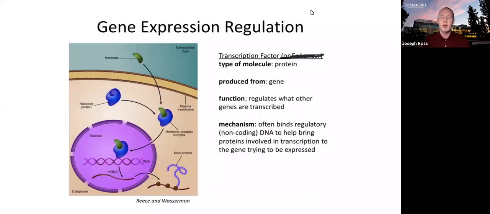So the set of transcription factors that are present in each cell will differ, and that's what causes cellular differentiation. And the way that transcription factors work is they tend to bind DNA to regulate which genes, which stretches of DNA that encode proteins, get turned on or turned off.